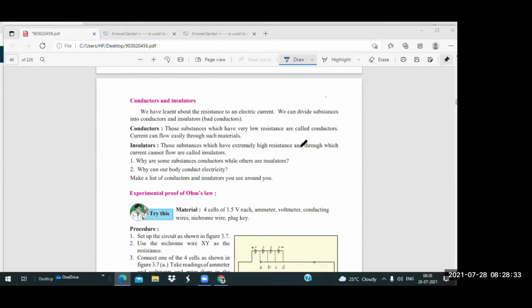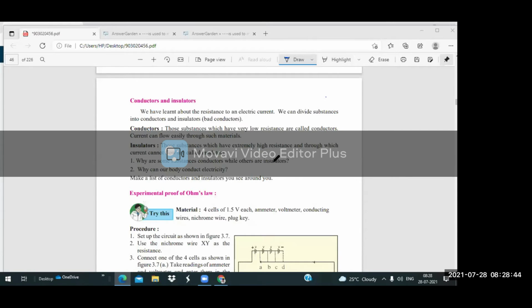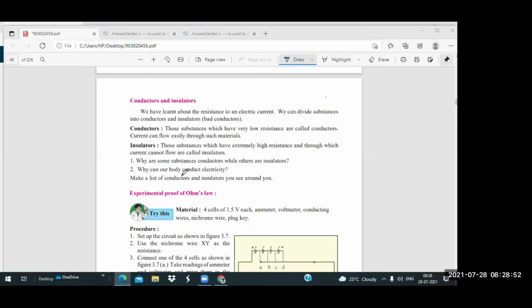Dheeraj was also raising his hand. Yes, Ishita Vavdhani. Some substances are conductors while others are insulators because of low resistance and high resistance. Very good. So second, why can our body conduct electricity?